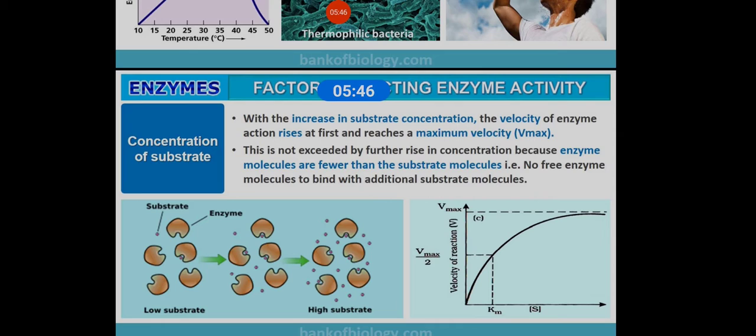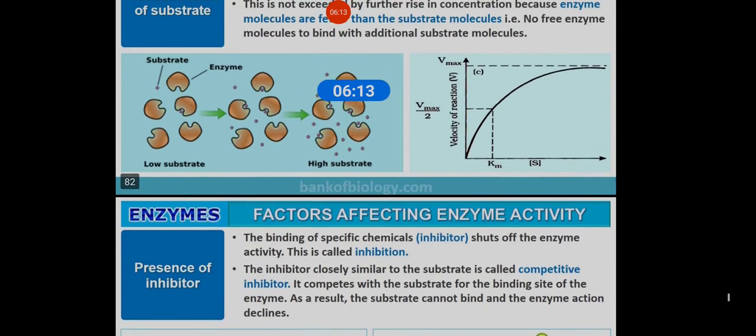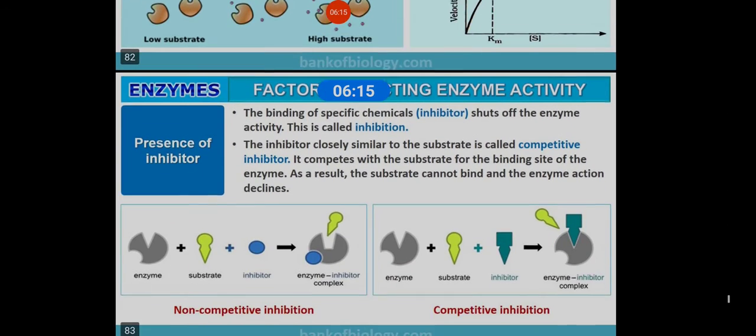But now if we increase the concentration of the substrate more, suppose there are 15 substrate and 10 enzymes, now there are no more enzymes to bind up with the substrate molecule, so there is a point at which the velocity gets maximum, and after that there is no further rise, because the enzyme molecules are fewer than the substrate molecules.